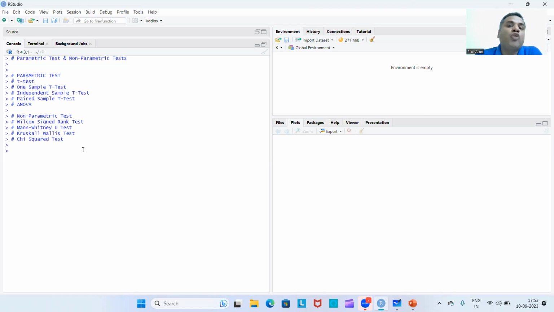If assumptions are violated or not fulfilled, you can't go for parametric test. Just remember this. They are more robust. Robust means they are very accurate. Yes, they come with assumptions.